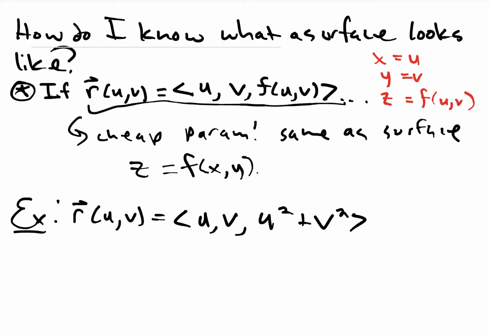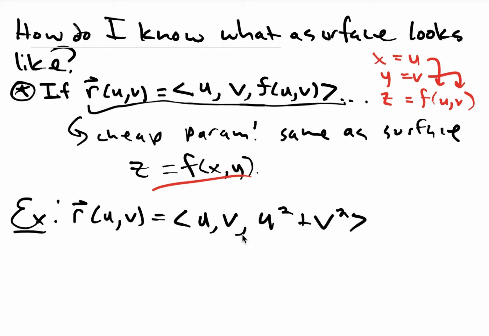If you make the appropriate substitutions here, we're basically getting z equals f of x, y back. Okay, so if you see something specifically in this form, a u, a v, and then a function of u and v, instead of swapping x and y for u and v, we're doing the opposite. We're swapping u and v for x and y.